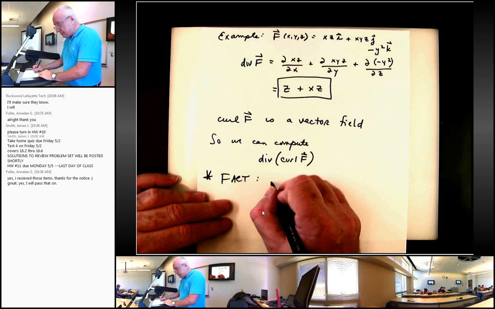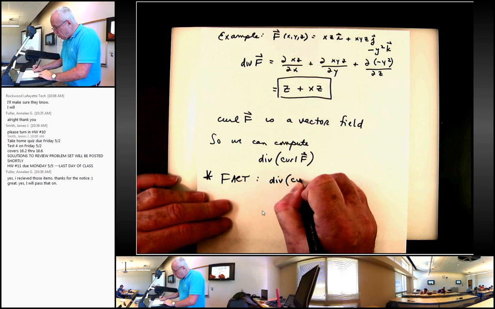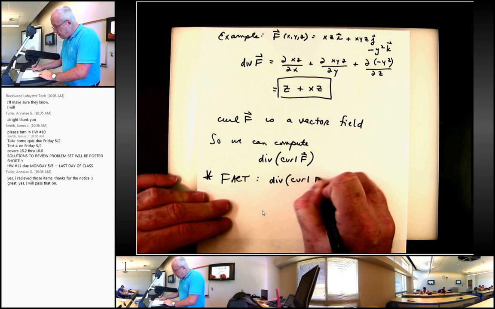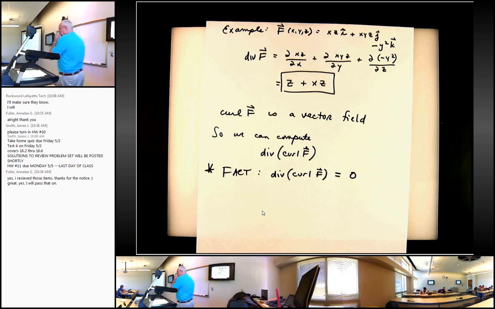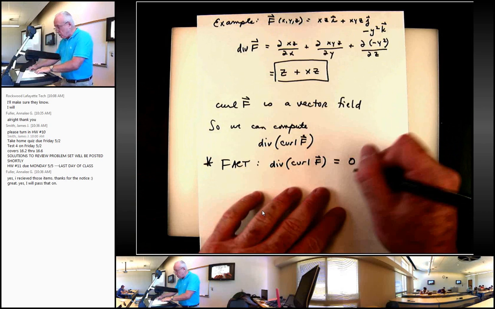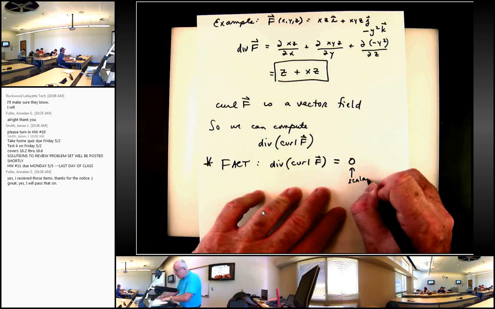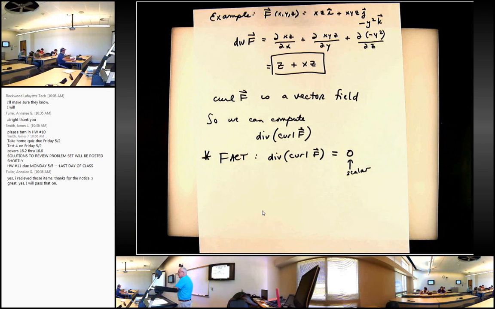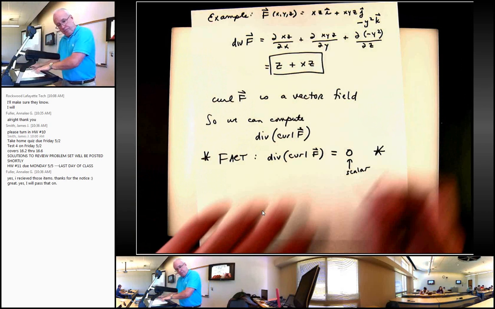So I'm putting an asterisk by this. The div of the curl of the vector field f is equal to 0. And this time the 0 here is a scalar, not a vector, because remember, the div is a scalar. So there's another little fact right there.